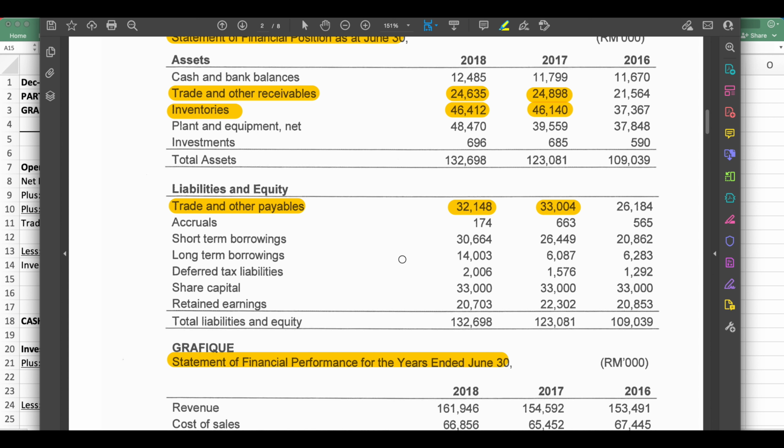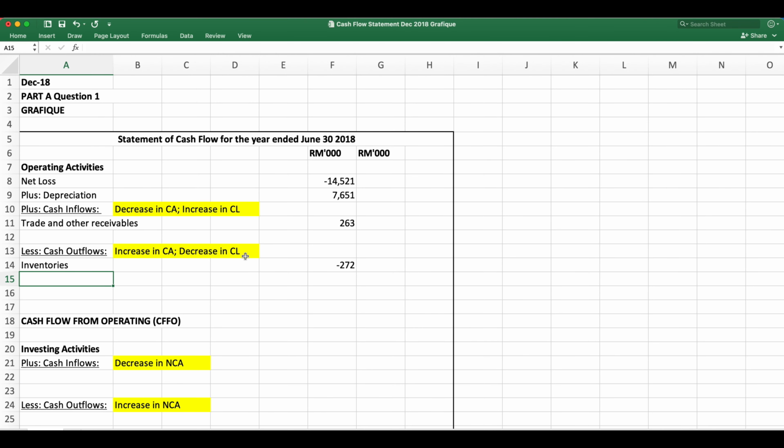So when Graphic paid their supplier, it is a cash outflow. So that's why here, a decrease in current liabilities we consider as outflow. So we record here trade and other payable as outflow, decreased by 856,000 because it is an outflow.